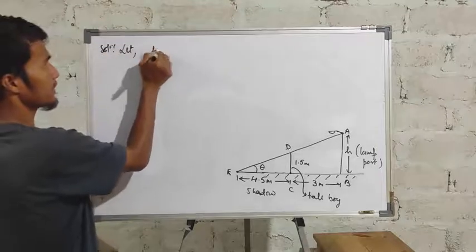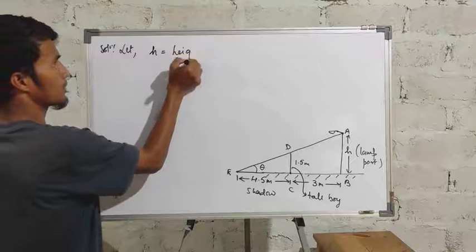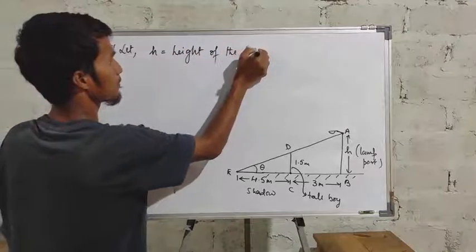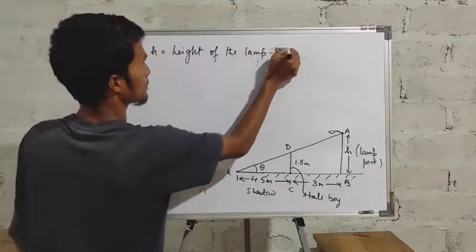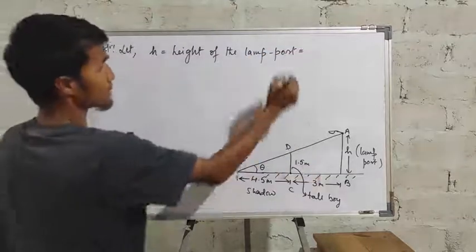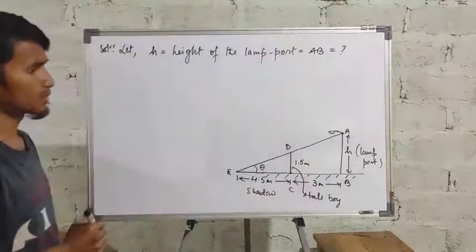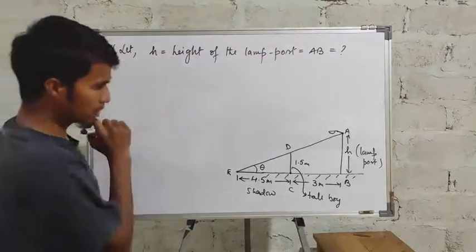Let H equal the height of the lamp post. That is equal to AB, which is equal to question mark. We need to find that one.